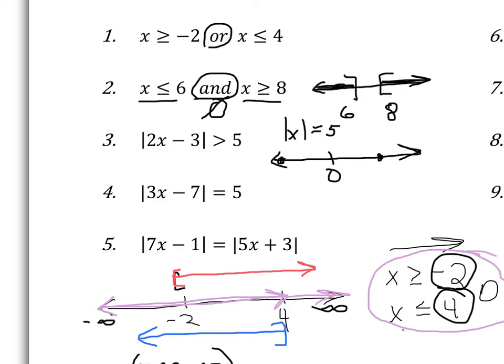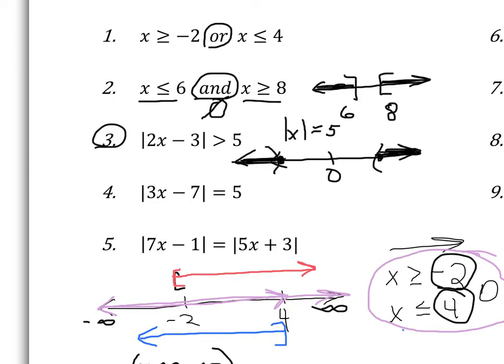So x represents distance. That means you have to think of two cases for every absolute value. You have to think of the case where the absolute value is equal to 5 or the absolute value is equal to negative 5. In a case like number 3, the absolute value is greater than 5, so you have to think the absolute value is either greater than 5 or it's less than negative 5.